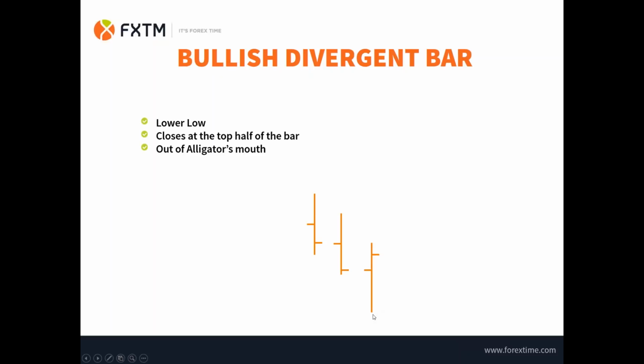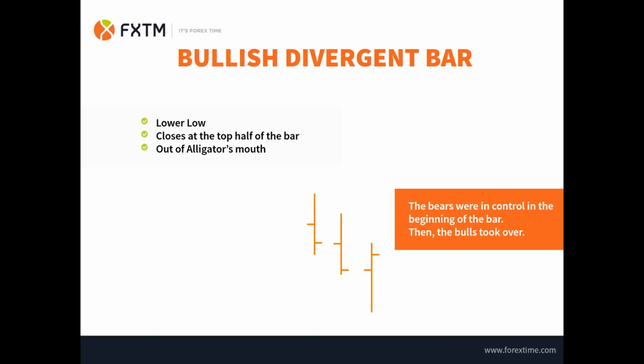You see, there is a lower low compared to the previous low, and the closing price, because on a bar the tick to the right corresponds to the closing price, it's above the midpoint of the bar. And of course, the last condition is that this bullish divergent bar is out of the mouth of the alligator. All right? So let's go further.